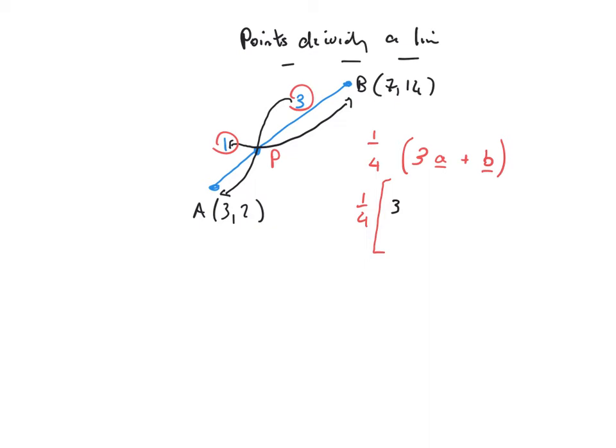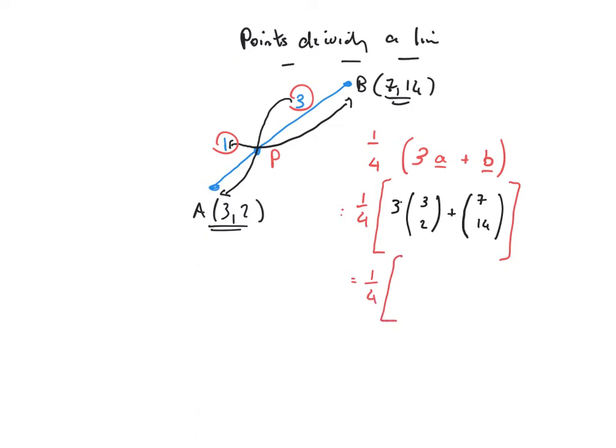because there's going to be a bracket within a bracket, 3 lots of the vector A, so I'm going to turn that into a vector (3, 2), plus the vector B, (7, 14), then just do a wee bit of arithmetic inside and tidy this up.